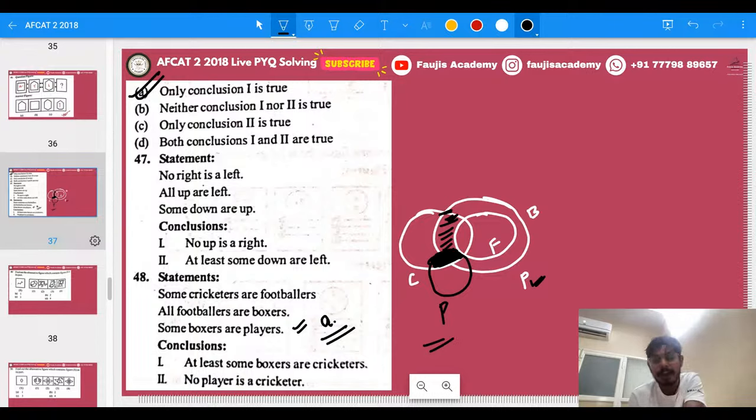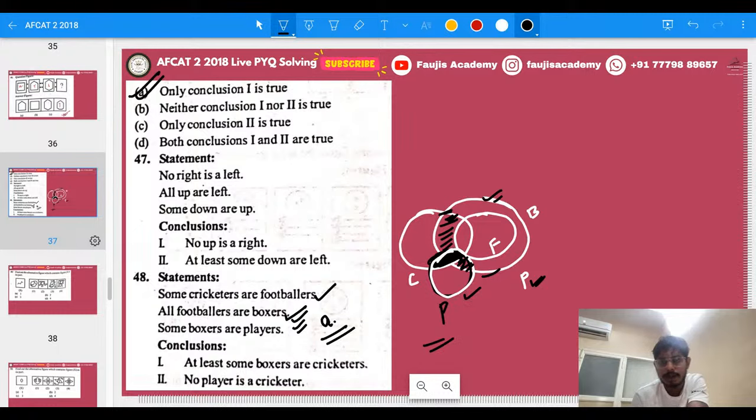That is what our free hand is. Since they have not given it, it could be. If we draw it something like this, are we not following all the rules? Some cricketers are footballers. Yes. All footballers are boxers. That's correct. Some boxers are players. Yes, there are. We are not refuting any rules.